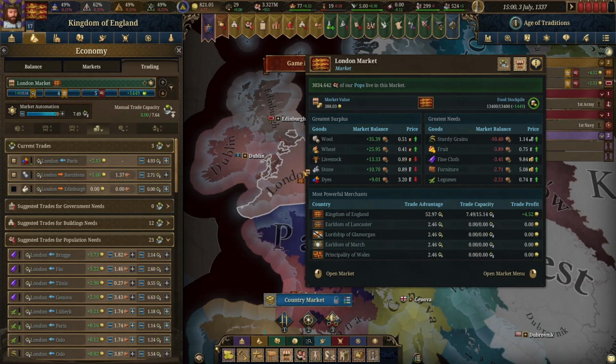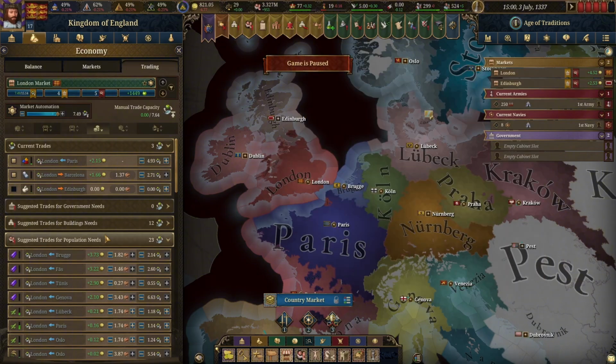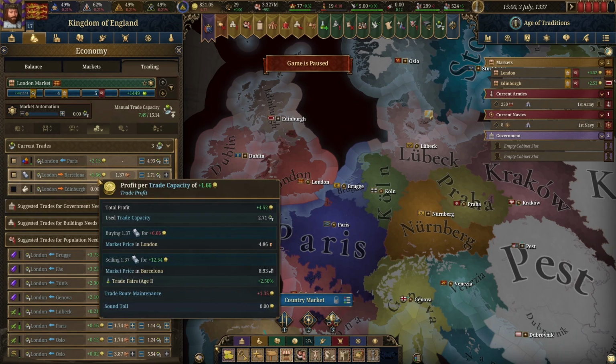And we can also see that here by hovering over the market map mode. So let's look at what this readout is actually trying to tell us. If I take a look at my current silver export trade, I can see that per trade capacity, I'm making 1.66 ducats. Don't get tripped up, because that green number is the amount of profit you get per trade capacity.